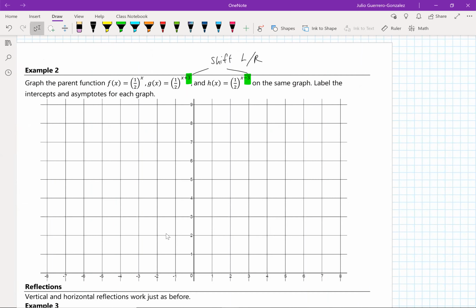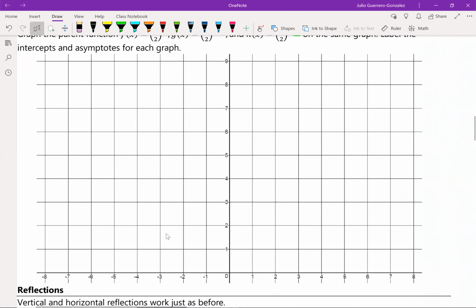No matter what, the first point that we can easily get is 0, 1. The reason is the same as before: 1/2 to the 0 power is always going to be equal to 1. Anything to the 0 power is equal to 1.